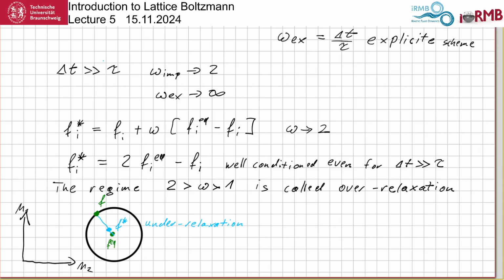And this is something that we would do if we were to resolve the time scale of a collision. Yeah? So in one collision that we have, we do less, I mean, it means we are doing less than one collision per time step, right? Yeah, so we will end up in between the incoming population and the equilibrium population.